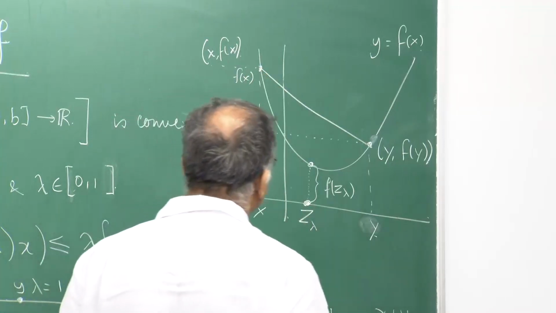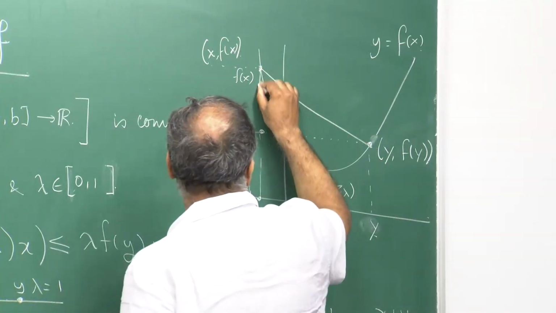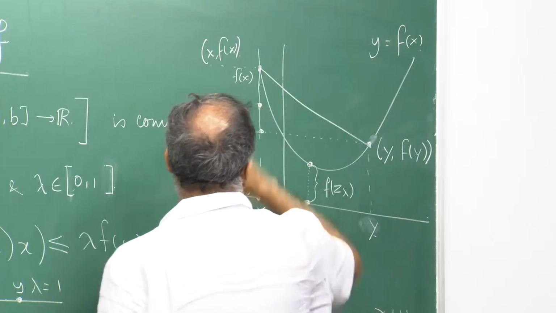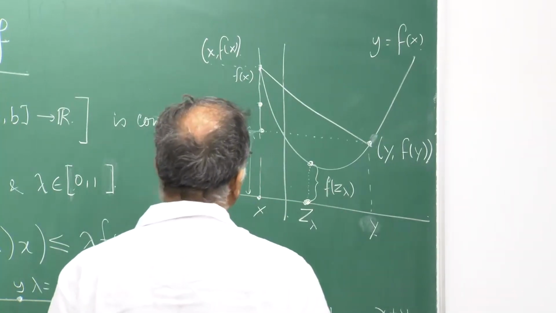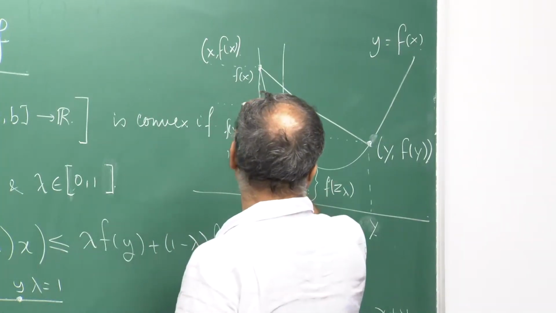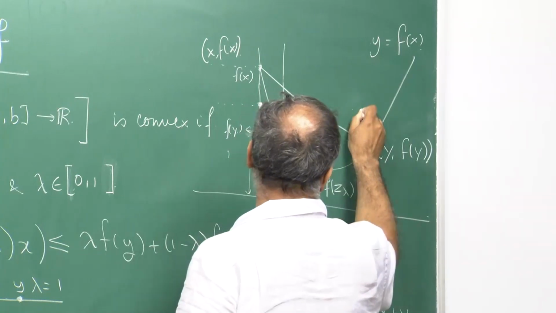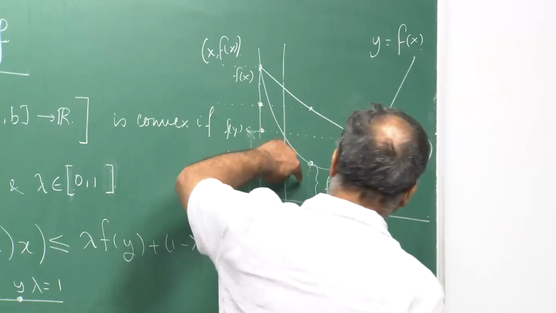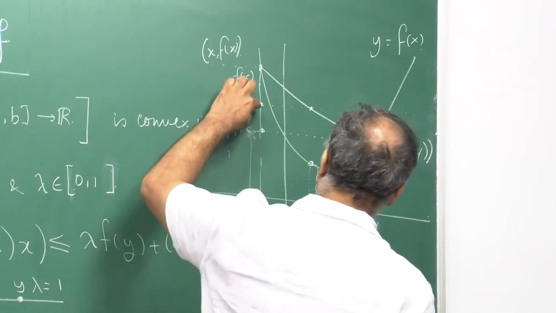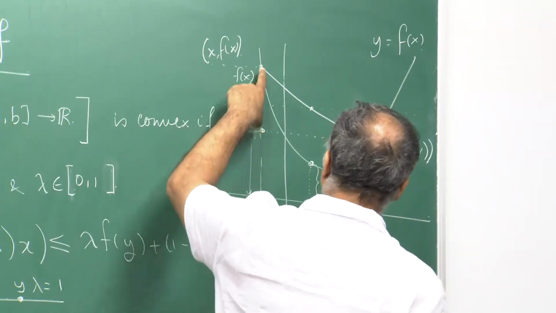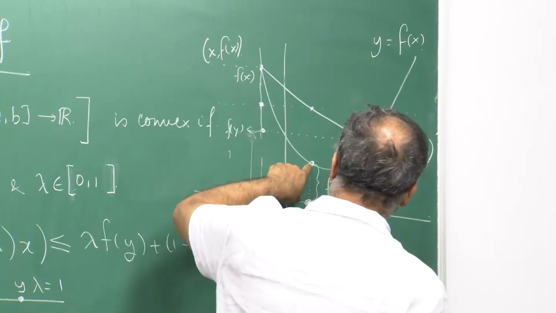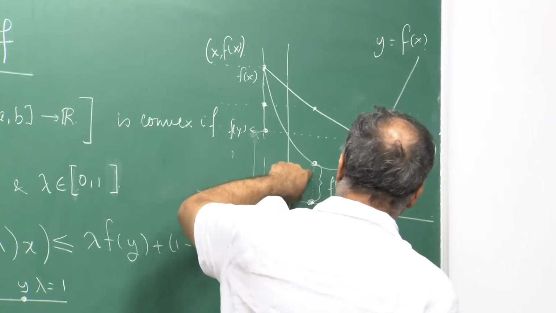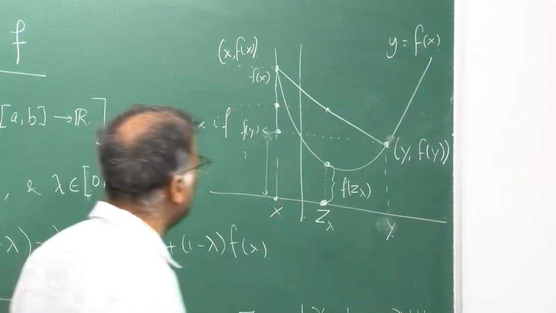So, lambda f(y) plus 1 minus lambda f(x) is some point here, and if I draw a line parallel through it to the x axis, it will cut it here. So, the functional value at this is bigger than this. That is exactly the meaning.